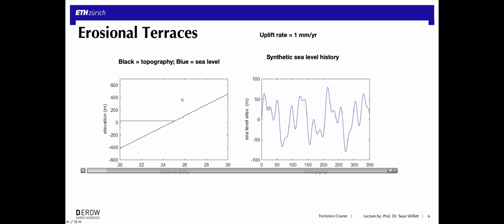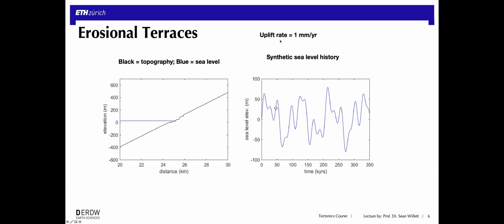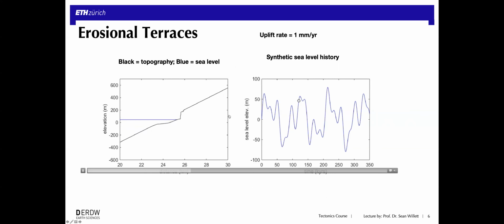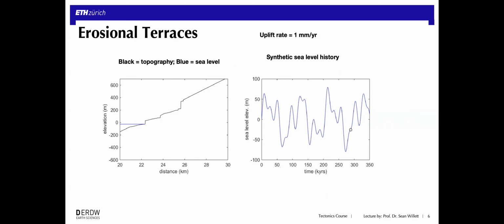And the reason these were not destroyed is because there's also a background uplift rate. This is the tectonic signal now, about 1 millimeter per year. And that means that in the time between the formation of these sea cliffs or terraces and this high stand, these features were raised up to the point that high stand erosion could not reach those features.